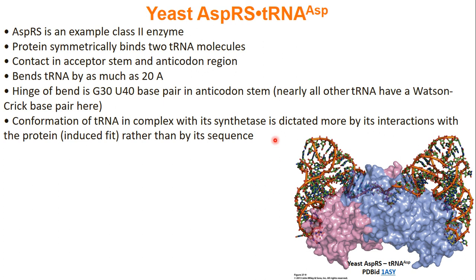And we can take this information with our previous information on class 1 enzymes and determine that recognition of tRNA by a synthetase is really dictated by its 3D interactions with the protein. That is the induced fit model.